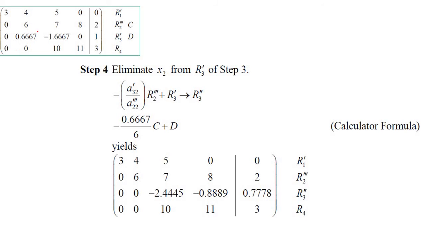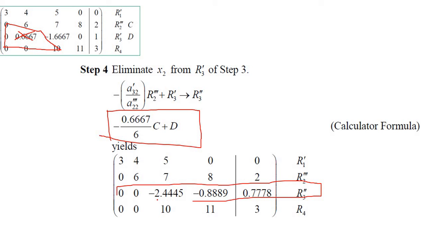Next, we will eliminate x2 from row number 3. You would like to eliminate this one because you would like to have this upper triangle. In order to do that, we will use the formula as usual and then replace this whole row with the new matrix.